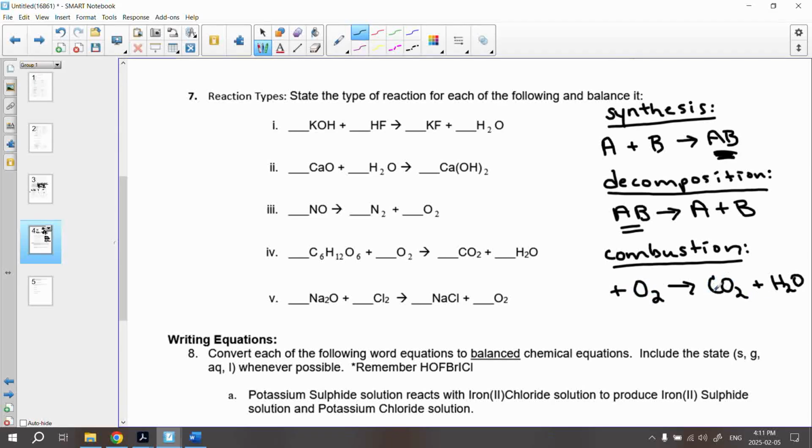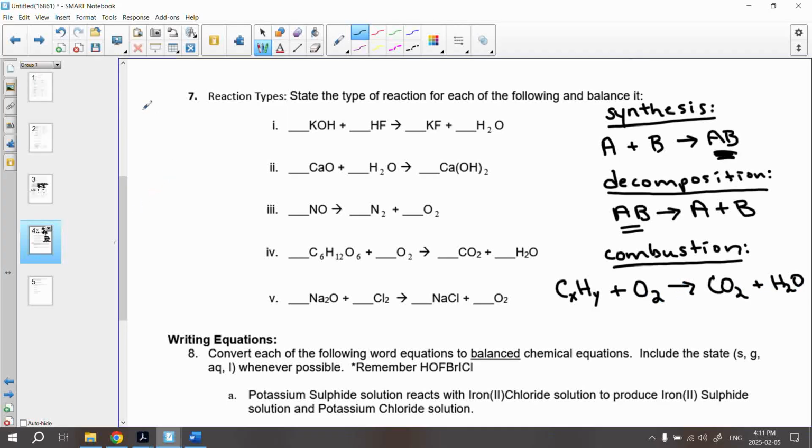And the products are always carbon dioxide and water, CO2 and H2O. The only thing that changes is the fuel. The fuel is made of carbon and hydrogen, like these X's and Y's change, but it's always a compound that contains carbon and hydrogen and sometimes oxygen as well. So it could also have oxygen mixed in here, but at the very least it contains carbon and hydrogen. So these three things are always the same in a combustion reaction.